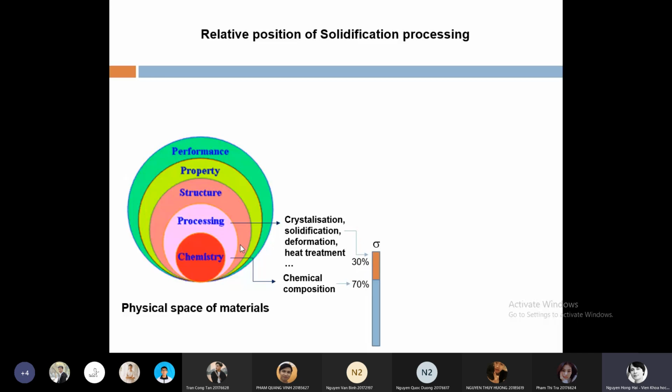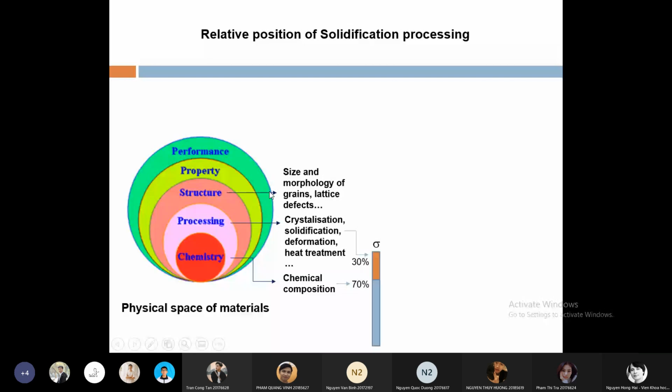And this chemical composition and processing will determine the structure of the metal, of the alloy. The structure is the microstructure: the size and morphology of the grain, lattice defects, and so on.